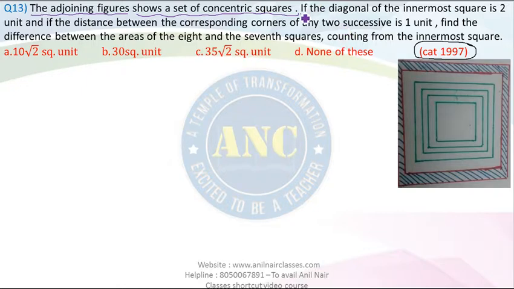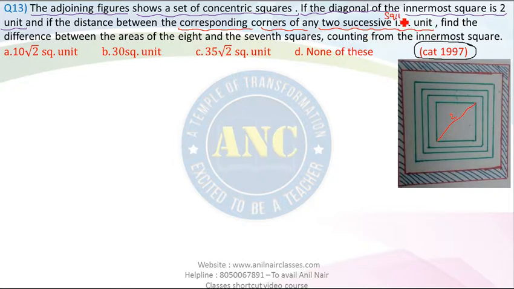If the diagonal of the innermost square is 2 units, let me draw it, the innermost square diagonal is given in the question as 2 units. And if the distance between the corresponding corners of any two successive squares is 1 unit.